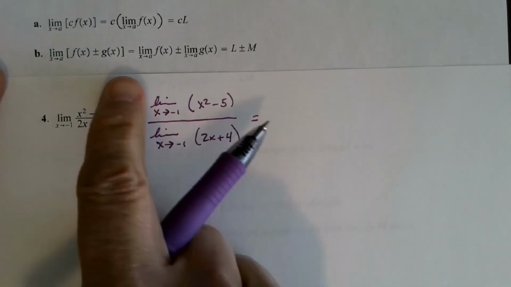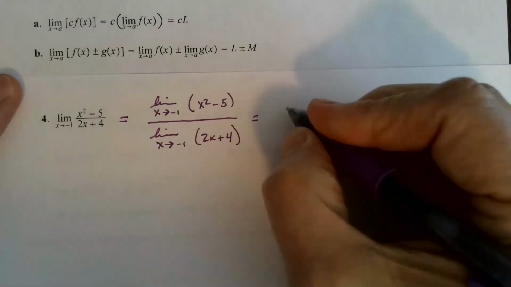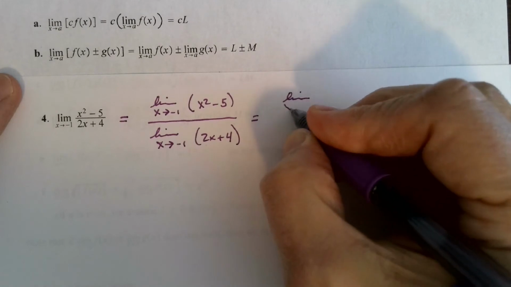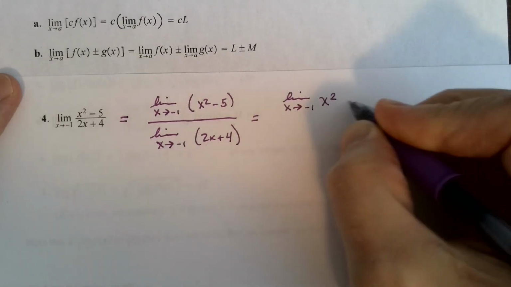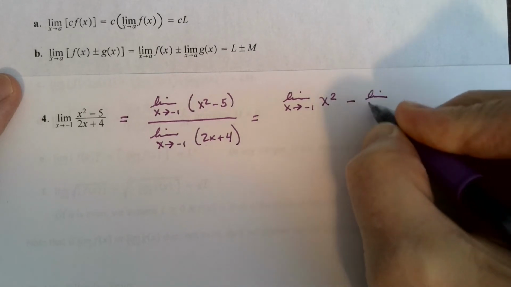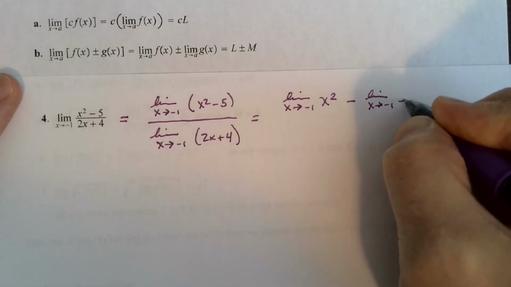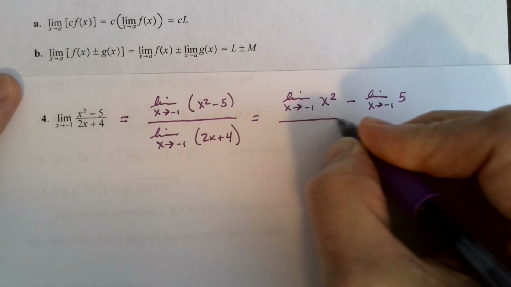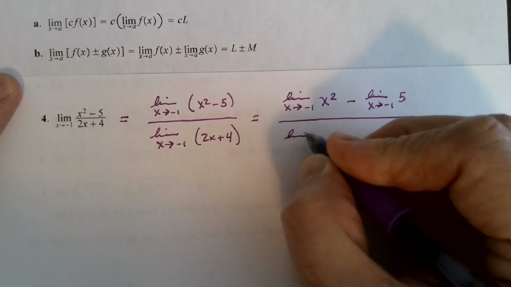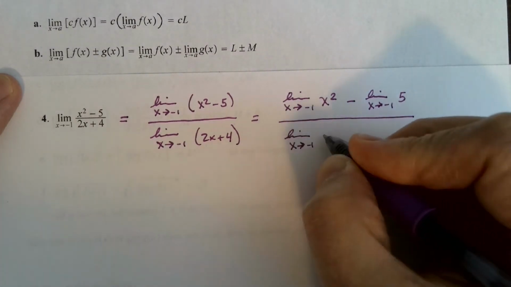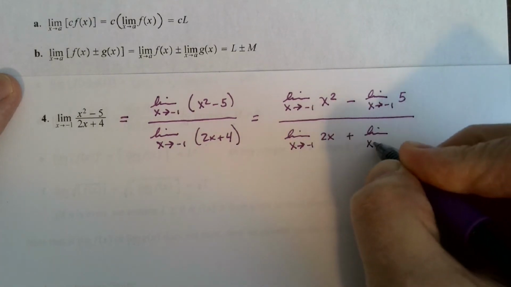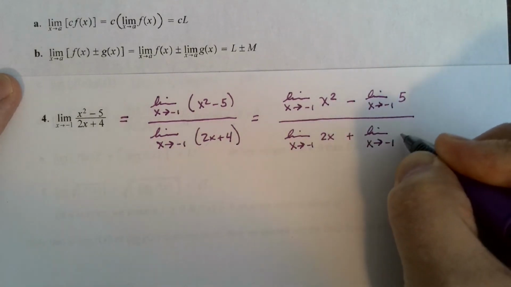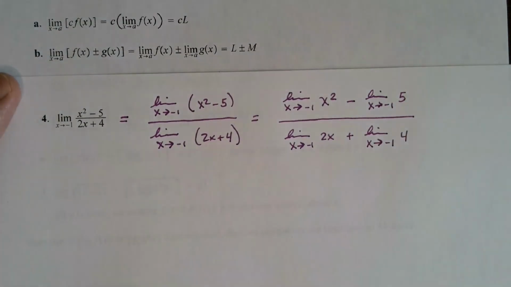Making use of 4b, I have the limit as x approaches -1 of x squared minus the limit as x approaches -1 of 5, over the limit as x approaches -1 of 2x plus the limit as x approaches -1 of 4.